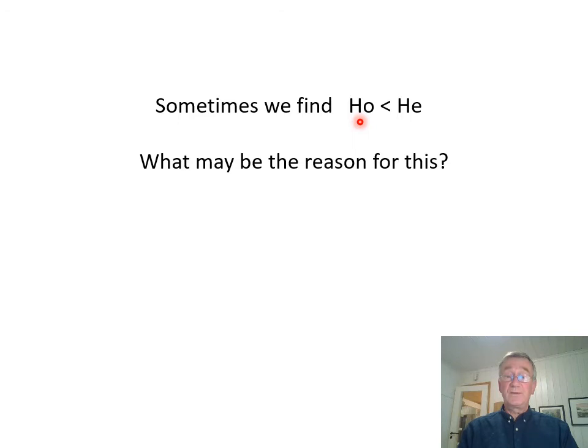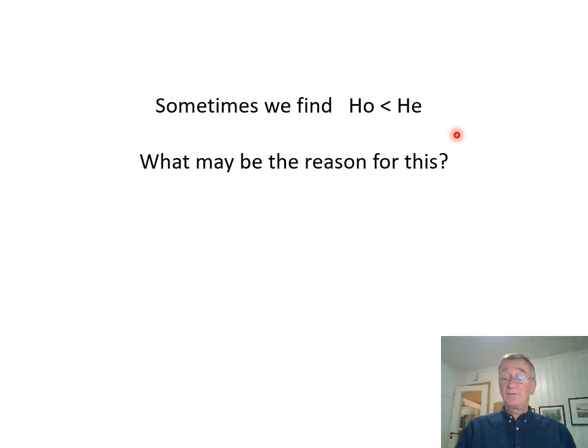Because of this problem of detecting null alleles, when we have ruled out this and also other possibilities for finding these differences, you can see it in the textbook. Then if we still see there is a difference between observed and expected heterozygosity, one reason is that maybe the population is not in Hardy-Weinberg equilibrium.